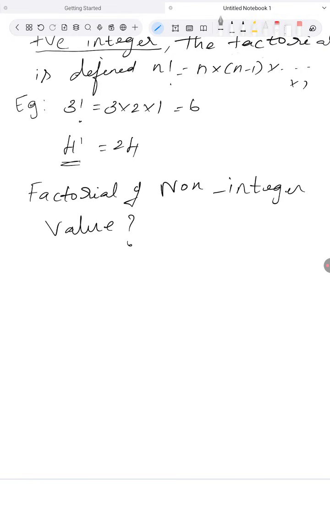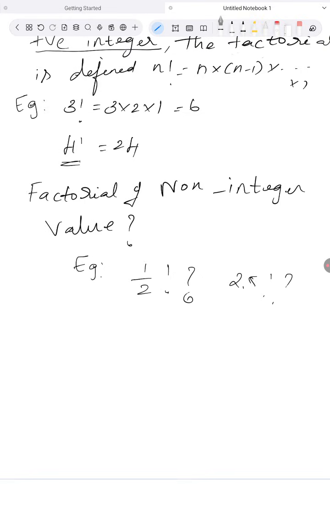But what would be the factorial of a non-integer value? Like, for example, what would be 1 by 2 factorial or 2.5 factorial, like that?